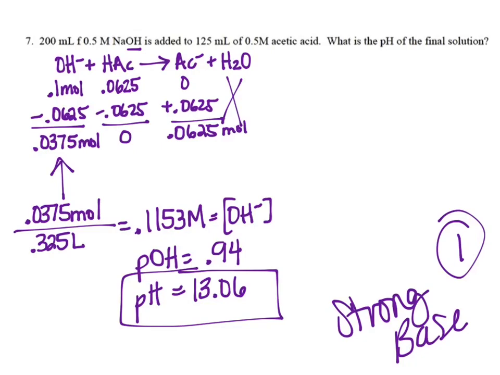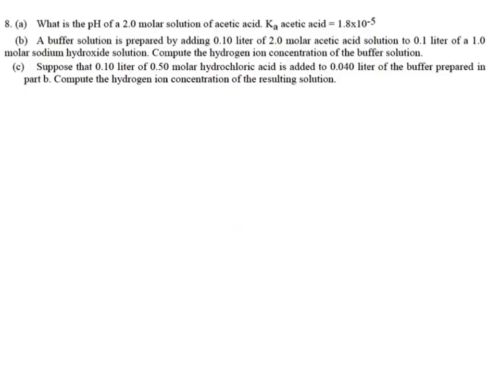All right, next. What is the pH of a 2 molar solution of acetic acid? These are 3-parters. There's going to be 3 and 4 parts on these. This is like something that you would see from an AP exam. So straight away we know we are working with a weak acid.